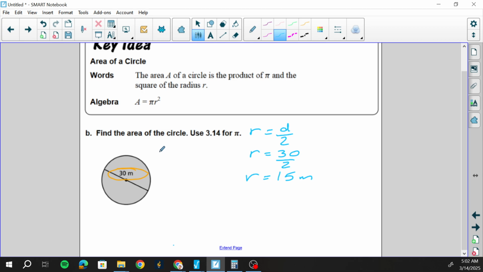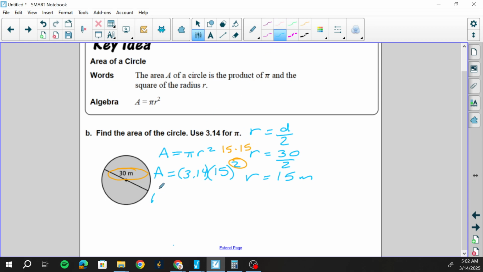Now, again, I do what I did last time. Area equals pi r squared. I write down my formula. I replace pi with 3.14. I replace r with the radius I just found, which is 15. I write down the square. This square means that we're going to do 15 times 15.